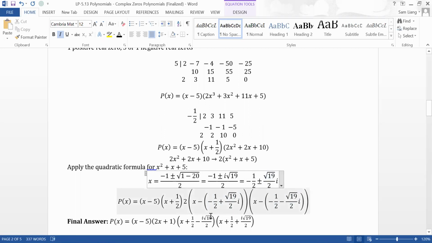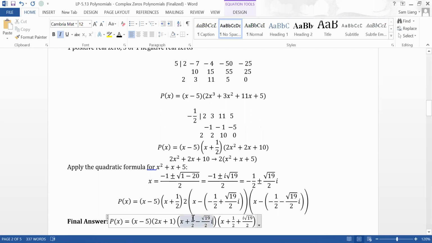Yeah, and then after that, for the final answer, I just associated this 2 with the x plus 1 half. So I did 2 times x plus 1 half. You get 2x plus 1. Looks nicer, no fraction. And then after that, I distribute the subtraction sign.